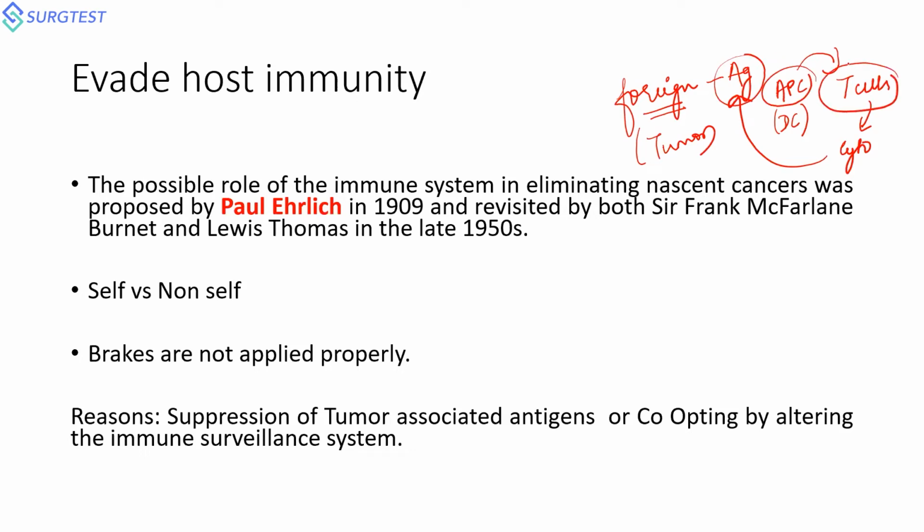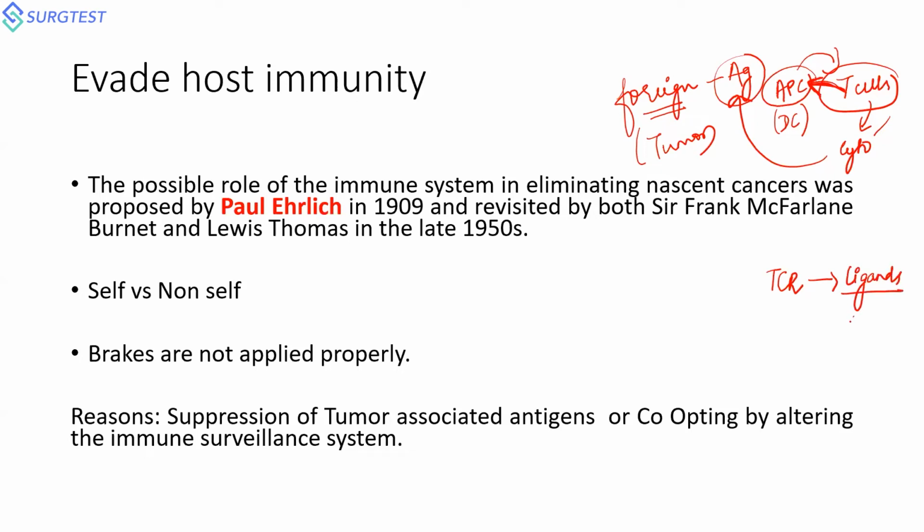But what happens in a patient with a malignancy is these T cells are unable to join with your antigen presenting cell. They are unable to read the signal which they are showing. Normally, T cells will have your T cell receptors, TCRs, that will be sensing the ligands which are present in your antigen presenting cells.